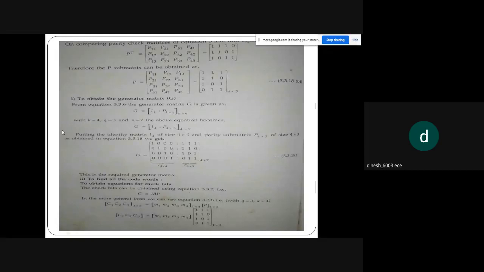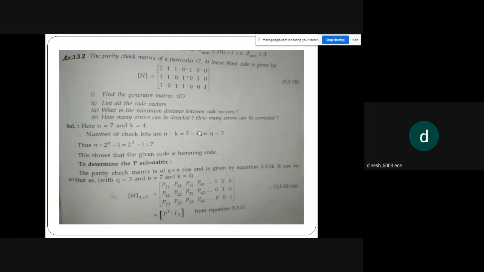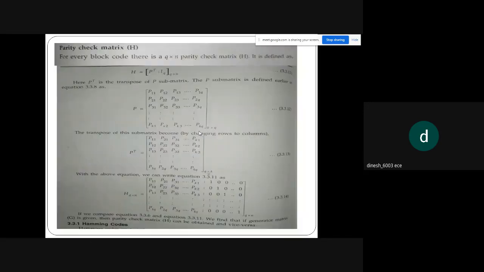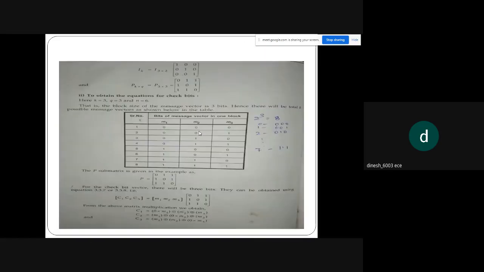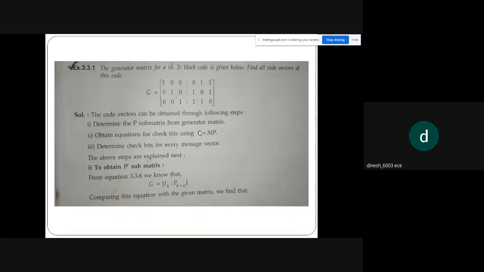So K is 4, Q is 3. We have determined N is equal to 7. So simply this G will become identity I4 followed by P 4 cross 3, over 4 cross 7 matrix. I'll show you this formula, generator matrix G. This is our generator matrix in the previous problem that we had done.